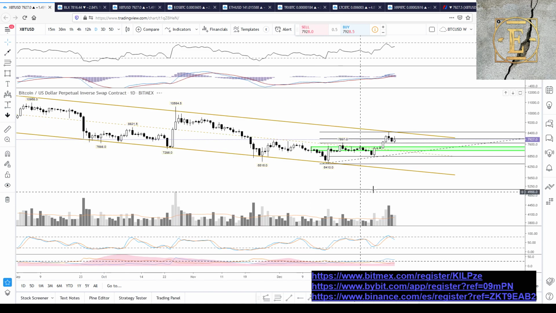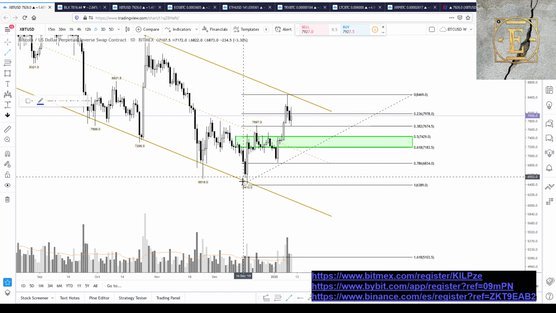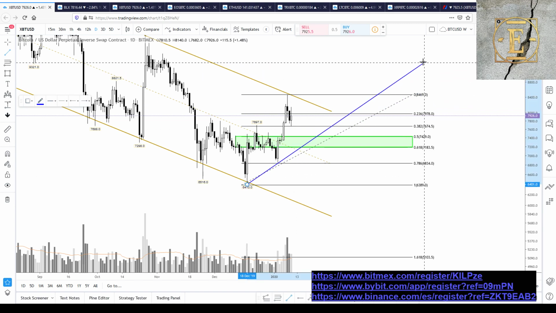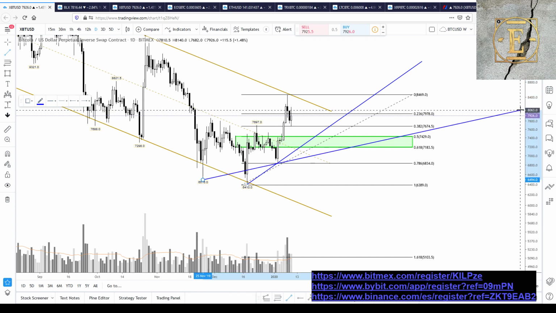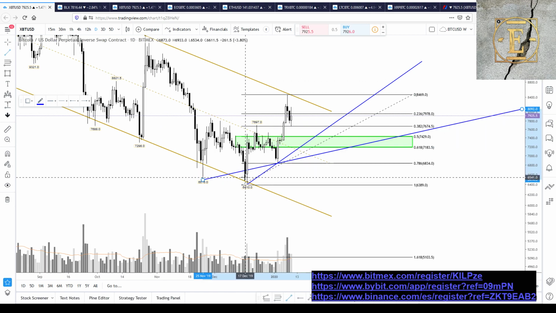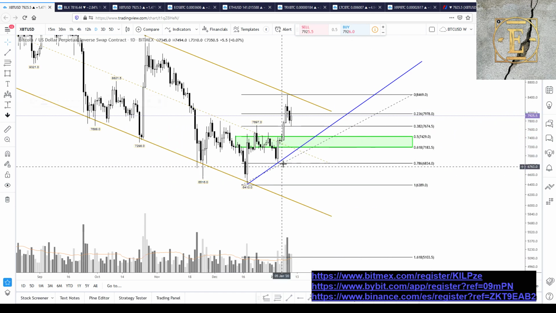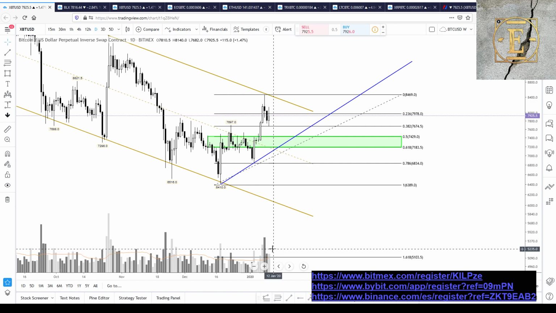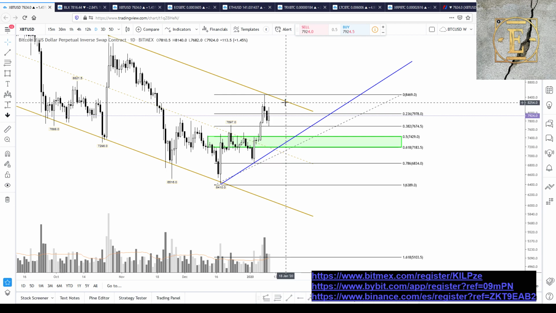Okay, we switch to the daily. We left this Fibonacci, we use this trend line over here, but we know we've got, for example, this one. This is kind of a trend line, or this one. Okay, so first of all this one. We've got the big reaction candle, big candle down. This is good, but this is not strong enough to think that the next trend is going to be breaking this channel.